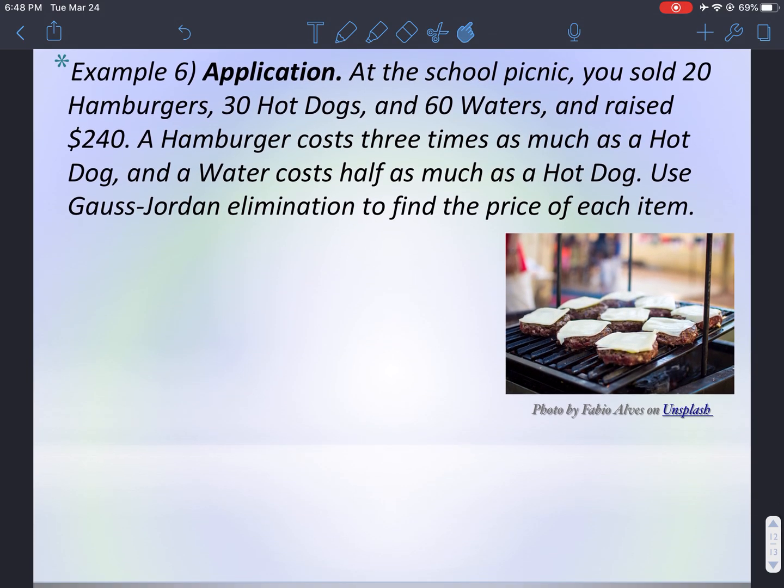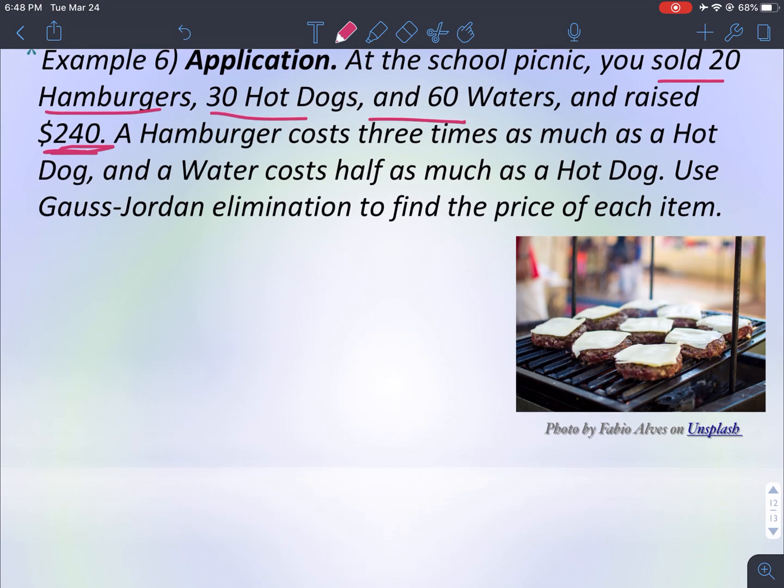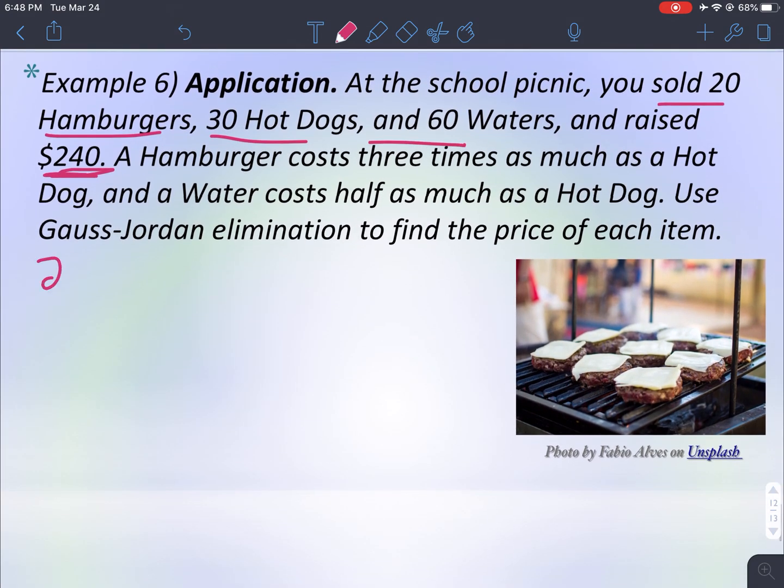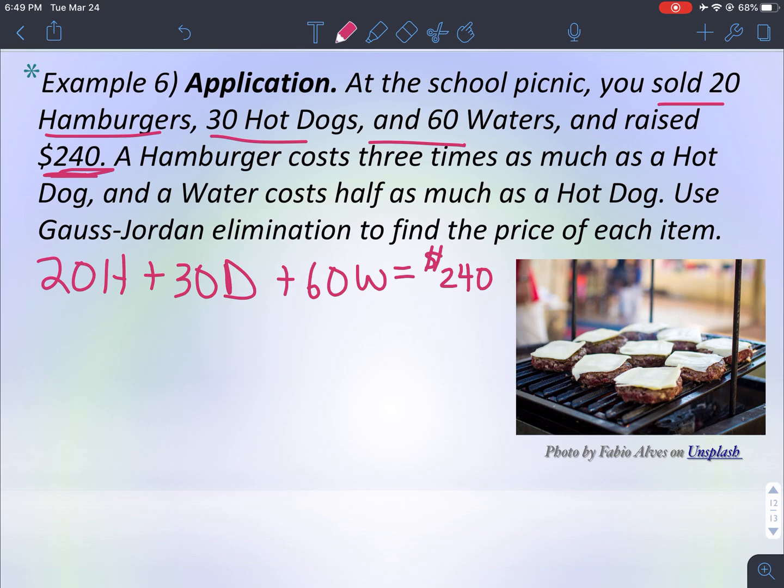Let's take a look at an application. At the school picnic, you sold 20 hamburgers, 30 hot dogs, and 60 waters, and managed to raise $240. We can write an equation out of that. 20 times the price of a hamburger plus 30 times the price of a hot dog plus 60 times the price of a water equals $240.